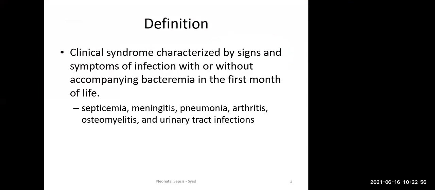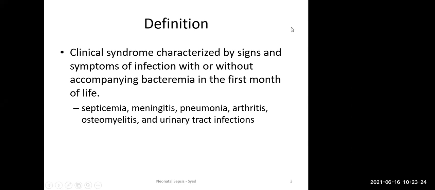So, definition. Basically, neonatal sepsis is a syndrome, meaning it's a collection of symptoms and signs of infection with or without accompanying bacteremia. Neonatal sepsis is defined as any features suggestive of infection with or without bacteremia.